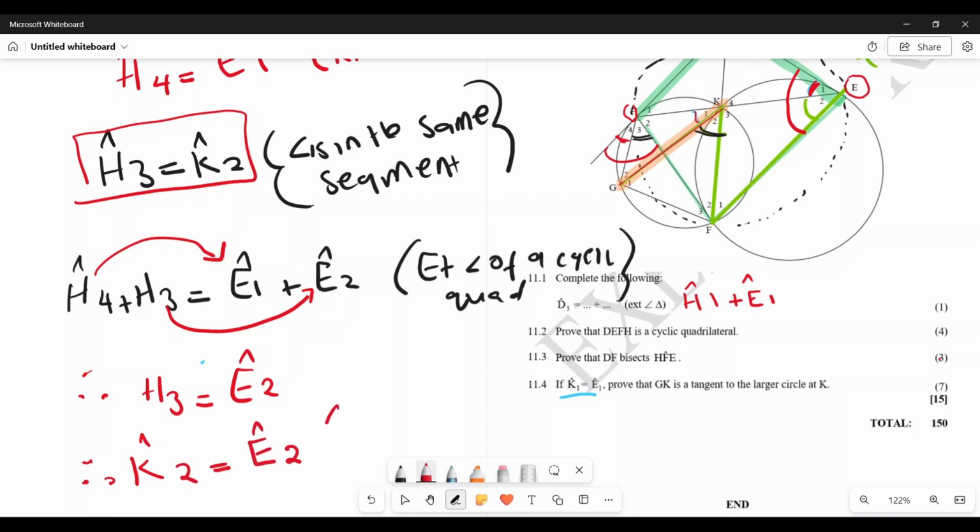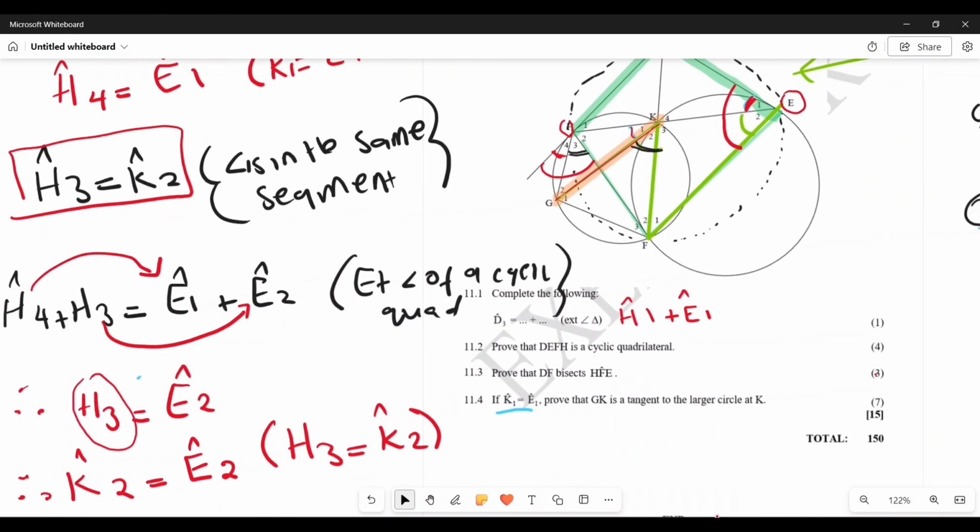right? Why is that? It's because my H3 is equal to K2. Before, I proved that my H3 is equal to K2, all right? So now, as a result, I can substitute K2 where there is H3. Now I've proved that this K2 is equal to E2, right? I've proved my Z shape, right?